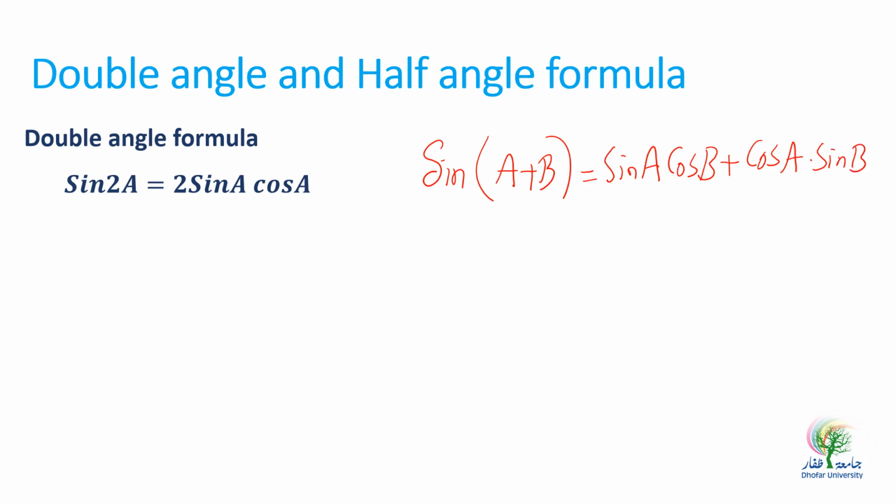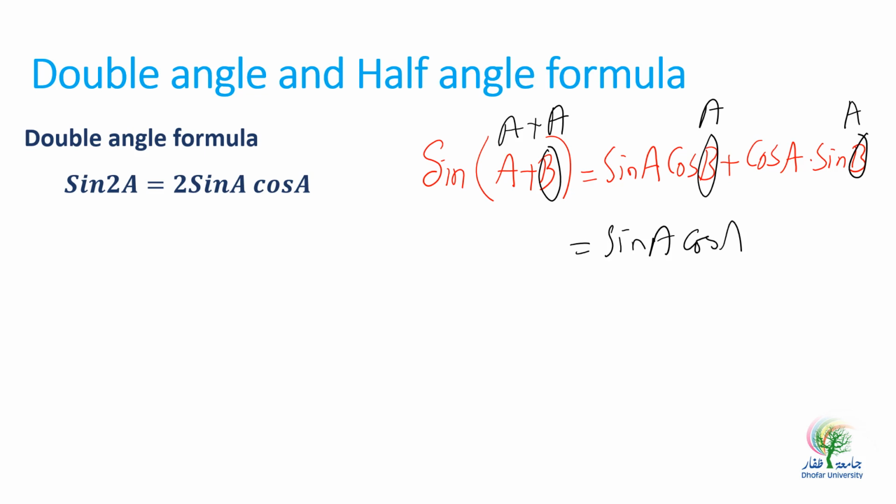So double angle formula means we have a plus a, so replace b with a. This will become sine a cosine a plus again sine a cosine a. So 2 times, so 2 sine a cosine a. So the formula is coming like that. Sine 2a is 2 sine a cosine a.